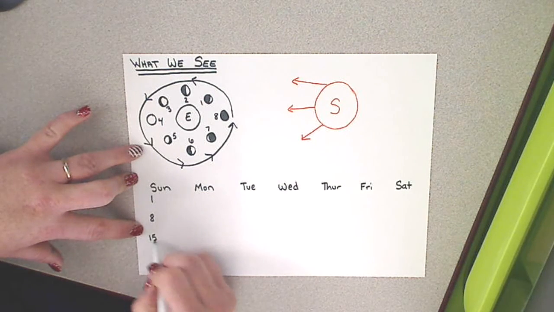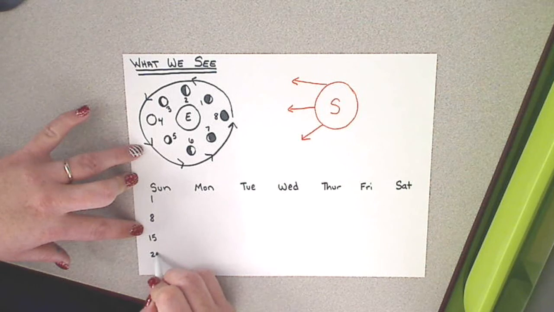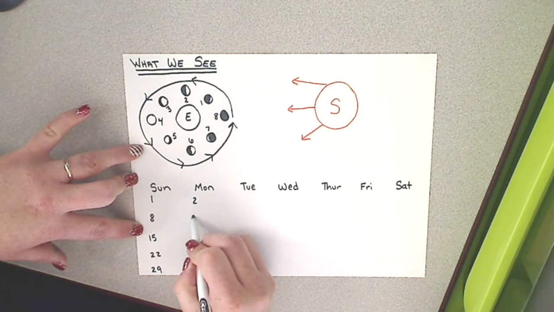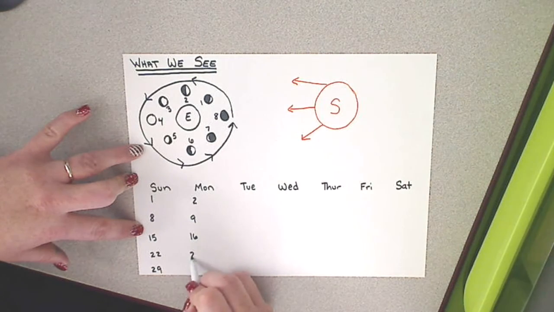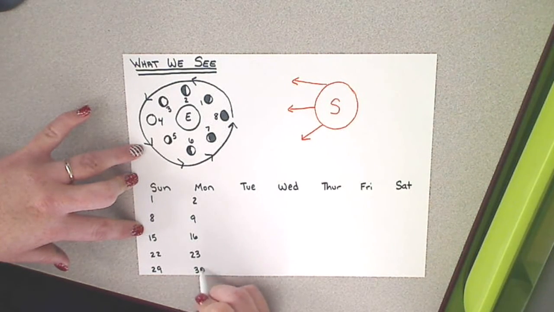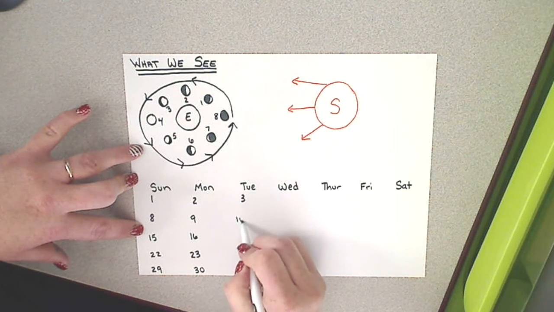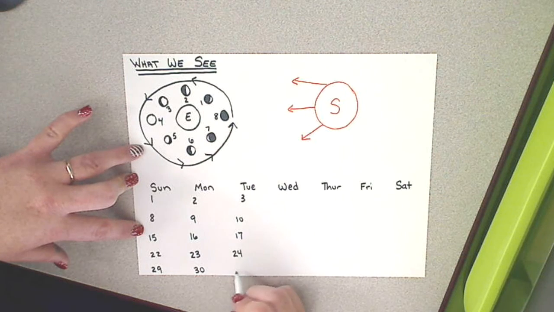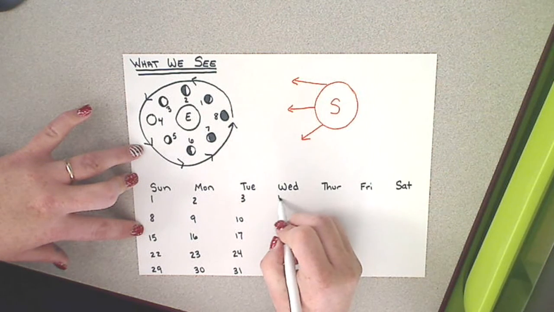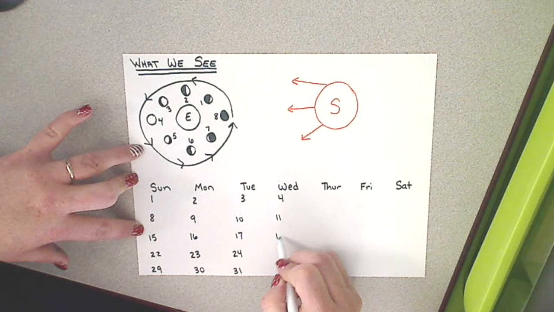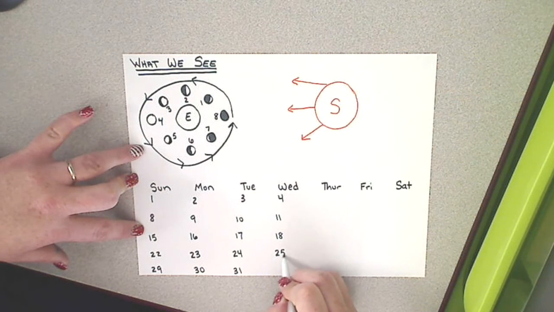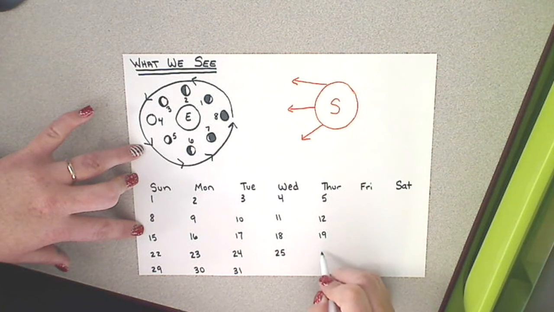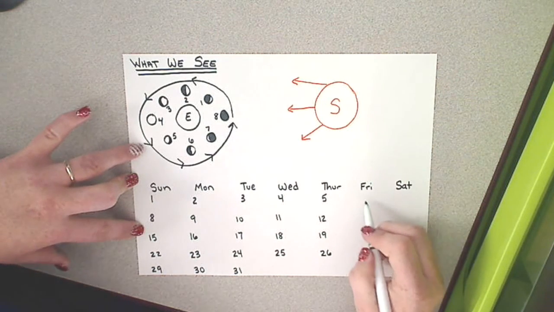8, 15, 22, and 29. I'm going to have to squeeze this in here. 2, 9, 16, 23, and 30, 3, 10, 17, 24, and 31, 4, 11, 18, 25, 5, 12, 19, 26.